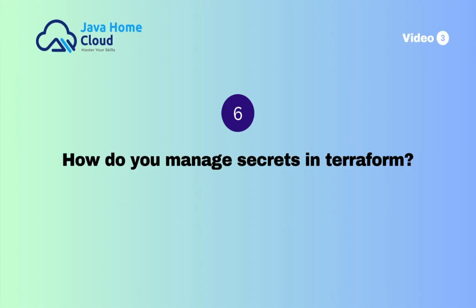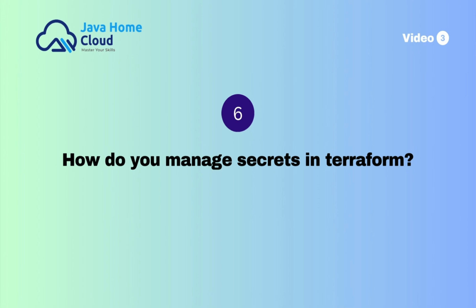How do you manage secrets in Terraform? Let's say we want to create an RDS instance. It requires a username and password. Password is sensitive information. We should not keep it in a tfvars file because this file directly gets into version control systems like Git.